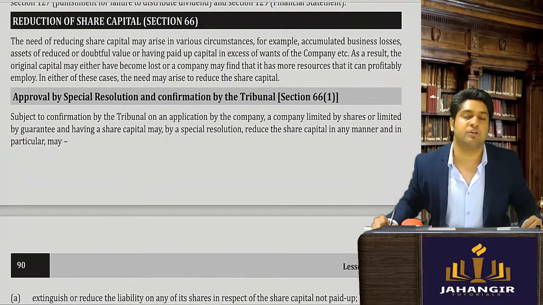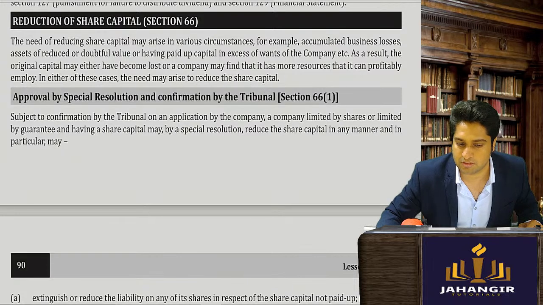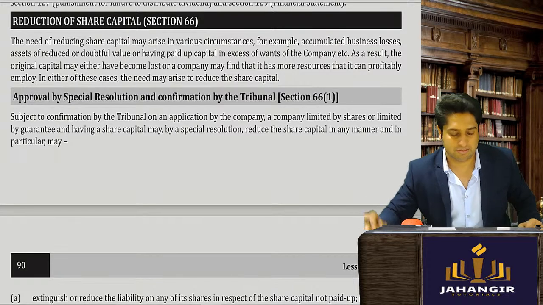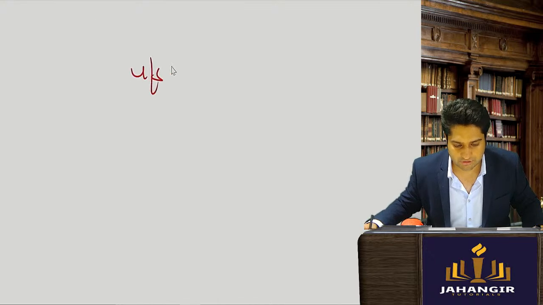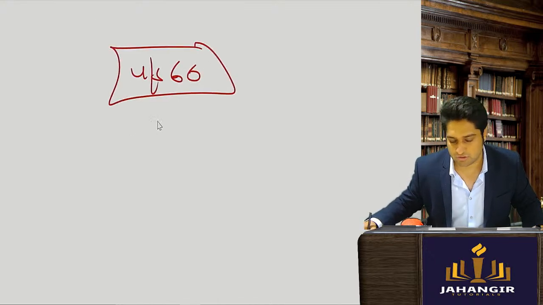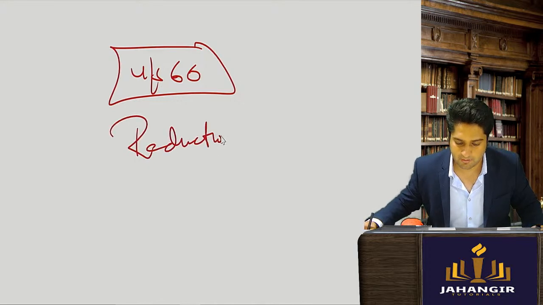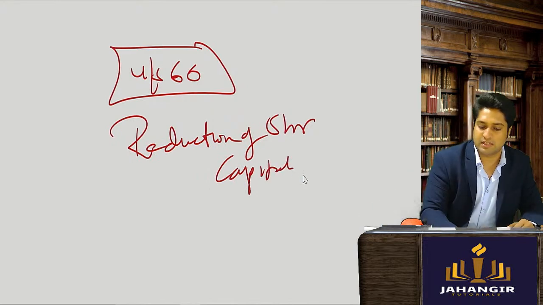Now we are coming to the next concept, which is called reduction of share capital. Section number 66. Now under section 66, it is called reduction of share capital. Now let's understand how it is.